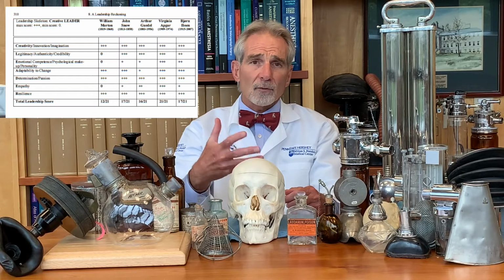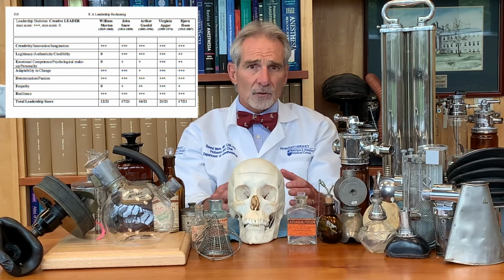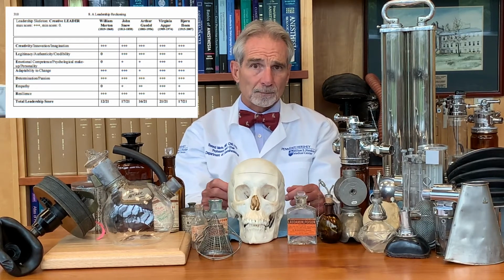Having gathered all of these stories of these 5 protagonists, I then provide a leadership assessment of how they have performed as leaders of the field, using a number of criteria that have stood the test of time.